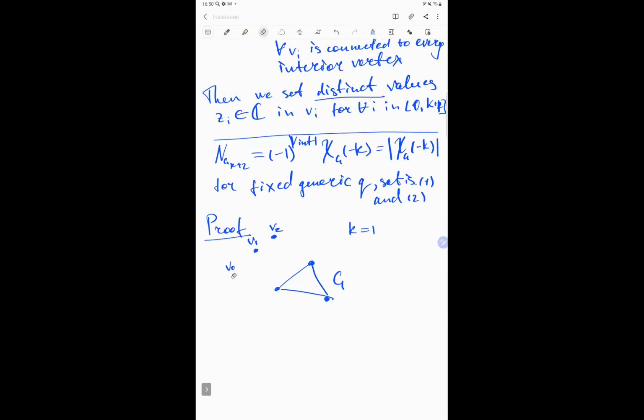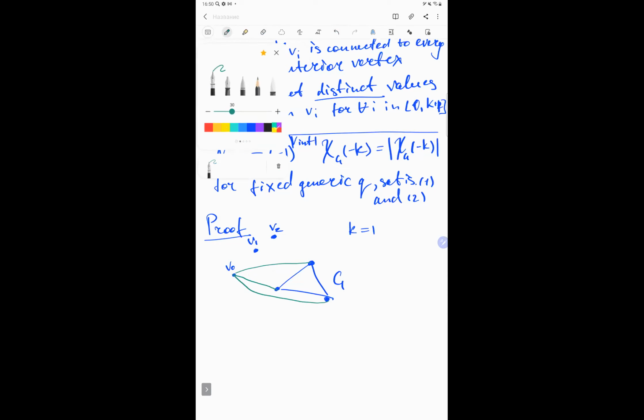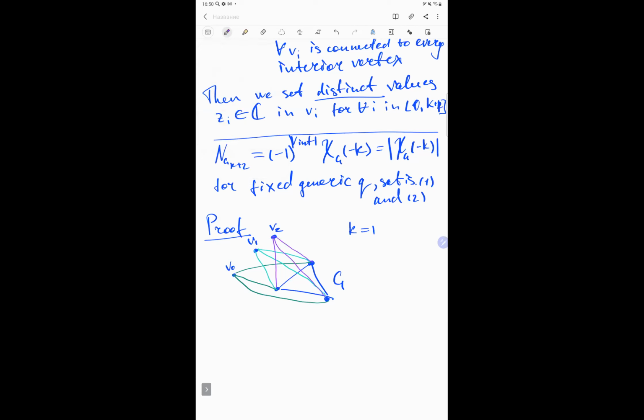Хорошо. So I connect each boundary vertex to each interior vertex. Is it clear now? What is the statement now?